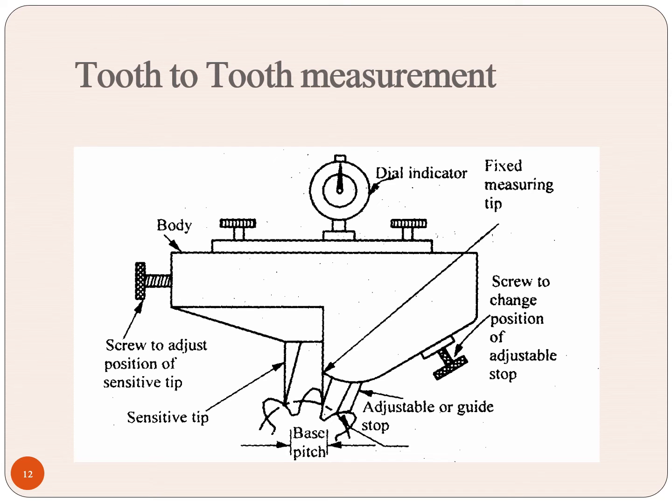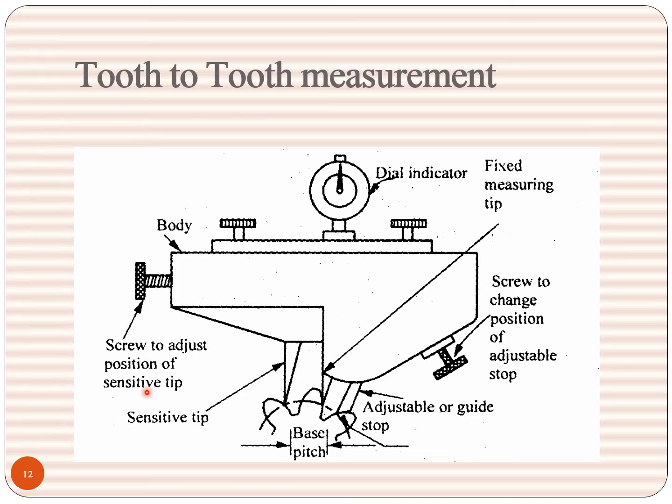Tooth to tooth measurement. There is an adjustable guide or stop and a fixed measuring tip, like vernier caliper jaws. Imagine the vernier caliper jaws, and a screw. The screw changes the position of the adjustable stop. This is the adjustable or guide stop. This is a dial indicator fixed over this.